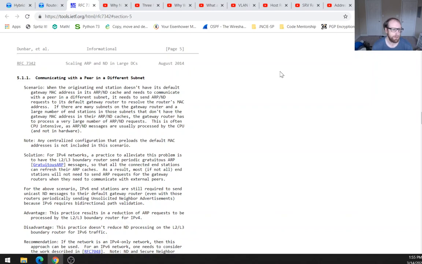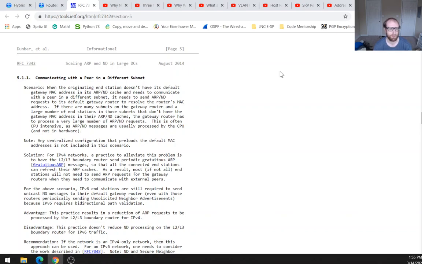Alright, section 5.1.1.1, communicating with a peer in a different subnet. Scenario: when the originating end station doesn't have its default gateway MAC address in its ARP/ND cache and needs to communicate with a peer in a different subnet, it needs to send an ARP/ND request to its default gateway router to resolve the router's MAC address.